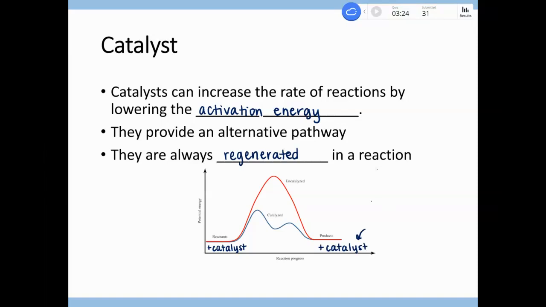So the catalyst, after the reaction is over, can be collected or reused. So it can be used for additional reactions. It is not completely used up. It is used in the reaction steps and then regenerated so it can be reused.